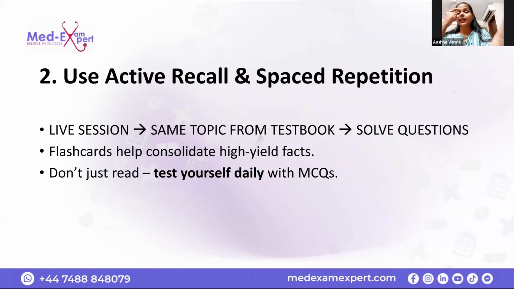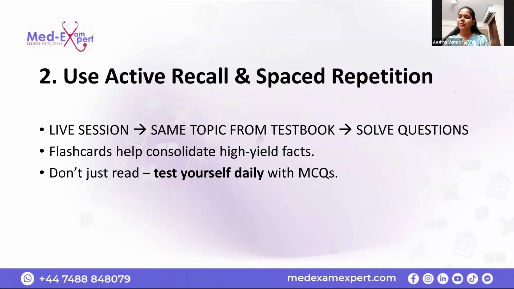Then comes using recalls and repetition. So how do we usually suggest? How did I do it? I used to attend a live session of a topic and then I used to go back and read the same topic from the textbook.